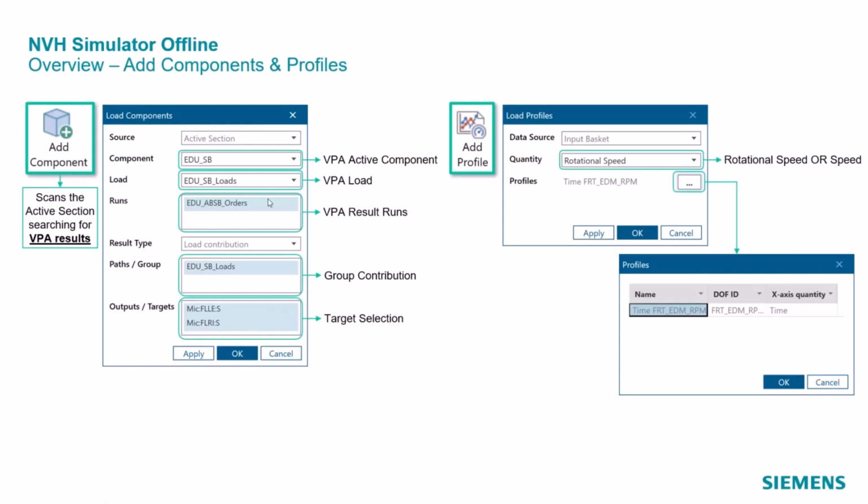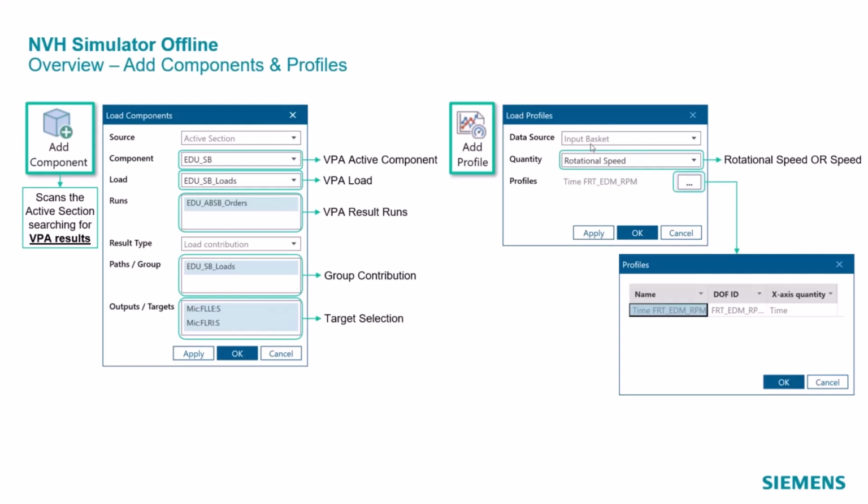So this could be smooth asphalt, rough road asphalt, and then weight modified rough road, the group contribution, and then what do you want to see the target LDSF being, 1 microphone, 2 microphones, etc. And then your profile, again, it's going to look in this case in the input basket.